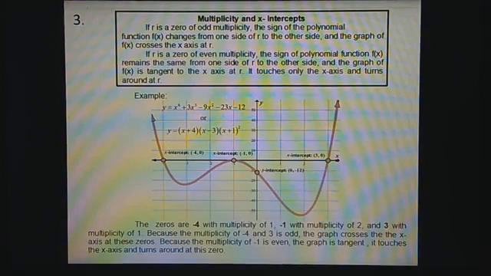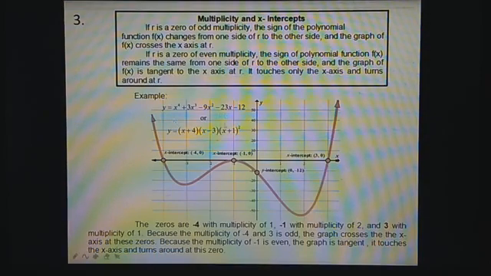So, alin yung factor ng polynomial function na mayroong exponent na even? Sabi dyan, even multiplicity. So, ito yung factor na x plus 1 raised to 2. Si factor na x plus 1 raised to 2, ang x-intercept niya ay negative 1. And then, bakit siya even multiplicity?